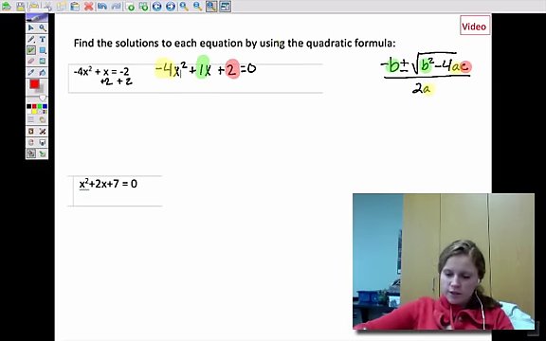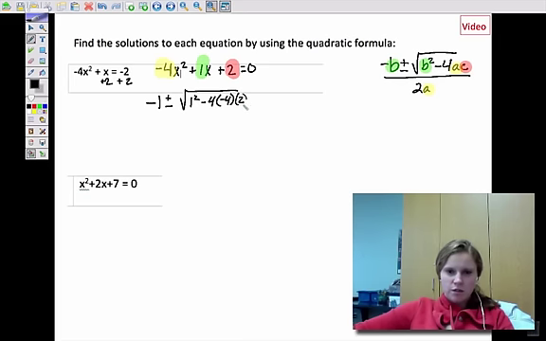We literally can just plug and chug here. We take negative b, so negative 1, plus or minus the square root of b squared, so 1 squared, minus 4 times a, which is negative 4, times c, which is 2, all of that over 2a, so 2 times negative 4.